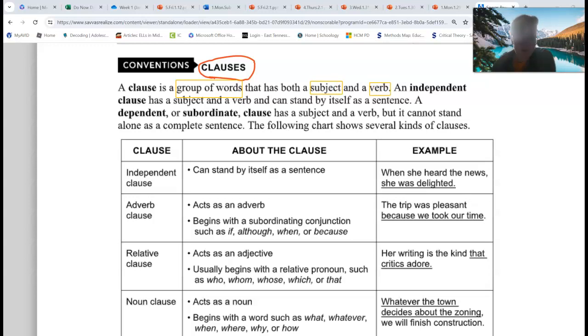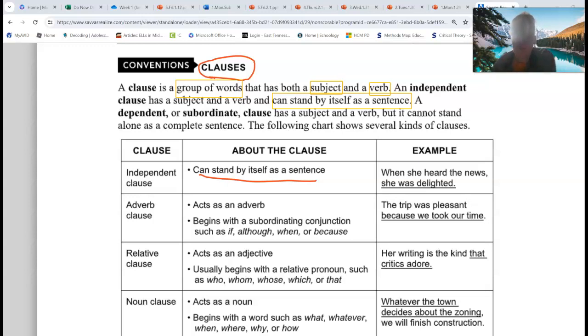Looking in the chart here, an independent clause can stand by itself as a sentence. So what do we mean by that? And we can also mark it up here. An independent clause has a subject and a verb and can stand by itself as a sentence. So here is an example.